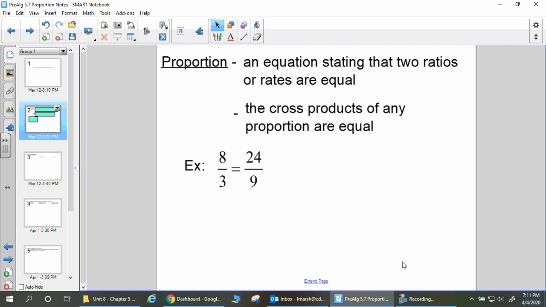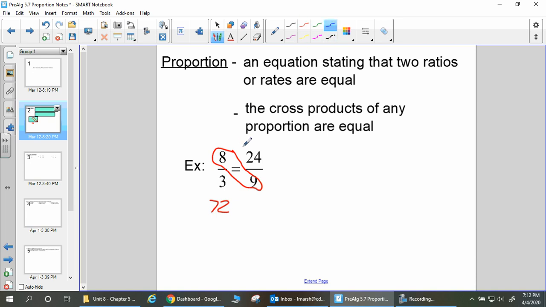So for example, here is a proportion. 8/3 is equal to 24/9. And so when we say the cross products, we literally want to take and multiply these items that are across from each other. So if I do 8 times 9, I know 8 times 9 is 72, right?